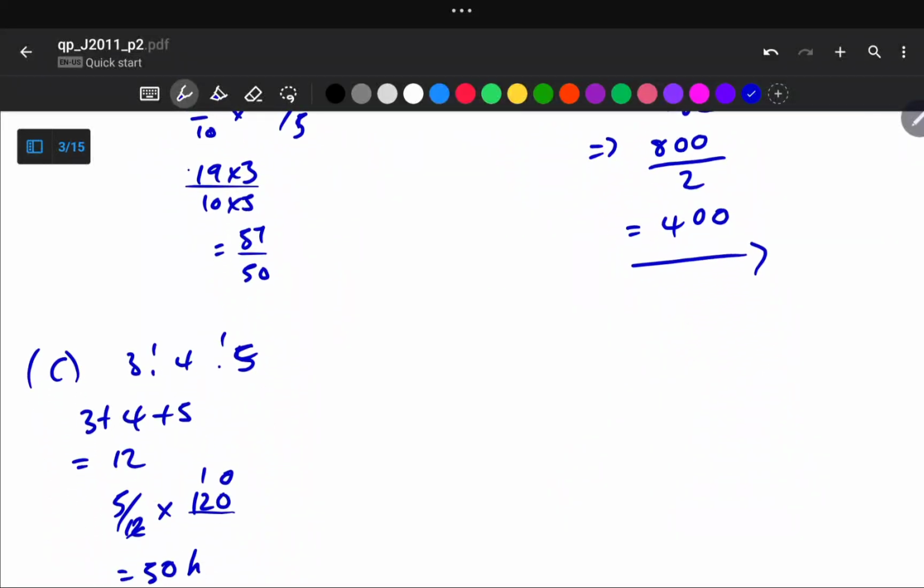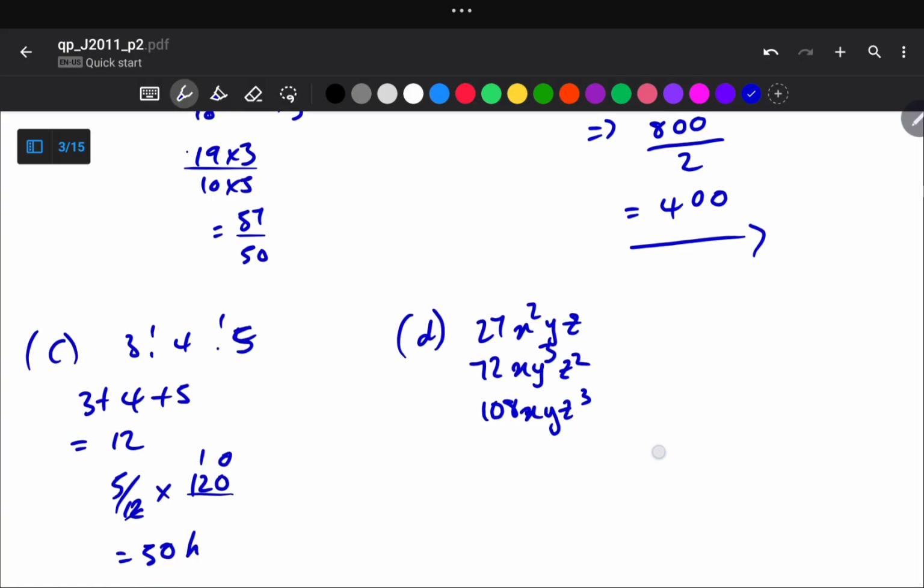So given that we are having 27x squared yz and 72xy cubed z squared and 108xyz cubed. So the first thing we need to do here is to express 27, 72 and 108 as a product of their prime factors.